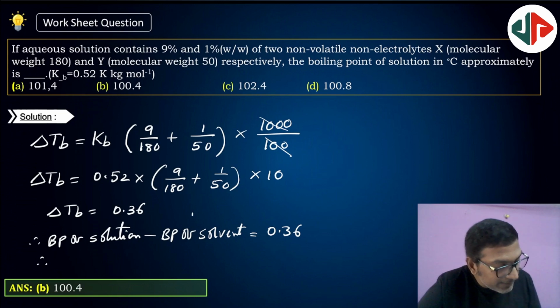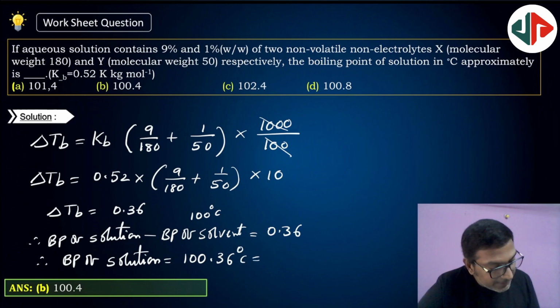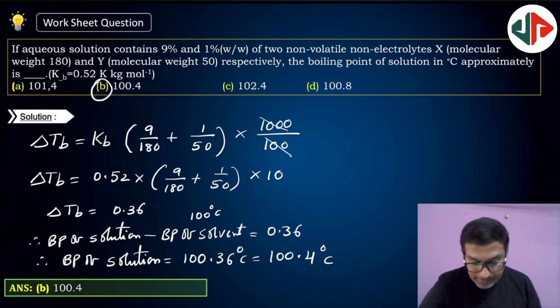So boiling point of solvent is 100 degrees centigrade. Therefore boiling point of solution equals 100.36 degrees centigrade, which is approximately 100.4 degrees centigrade. Option B. Important question. Here two solutes are given. I am taking here total number of moles of two solutes. Next.